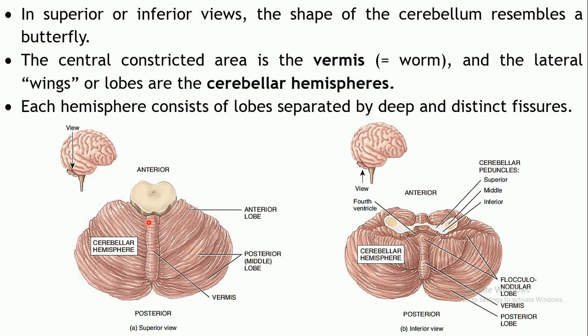Collectively these lobes on either side are called cerebellar hemispheres. So this one and this one, that's the right one and that's the left one. Each hemisphere comprises the same lobes on either side, which are separated by deep and distinct fissures.